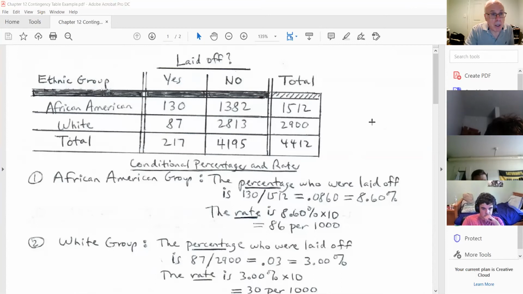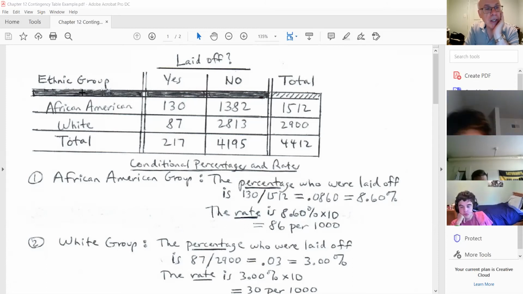All right. So this is a chapter 12 type question. Here's a contingency table. Typically, if you think there's a cause and effect relationship, the explanatory variable, the X variable, is running along the rows. In this case, it's the ethnic group, African American and white.